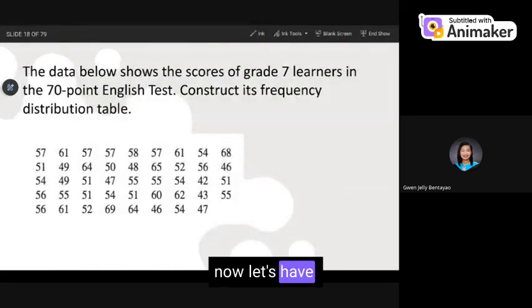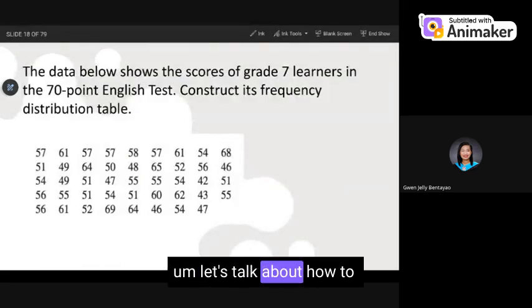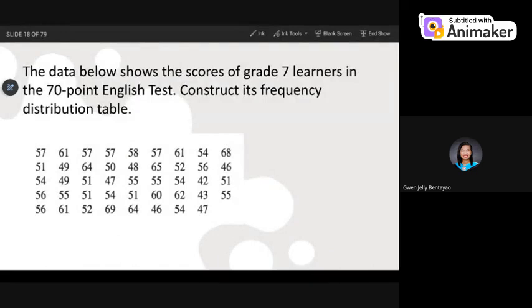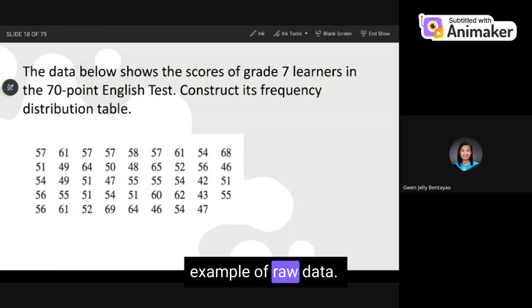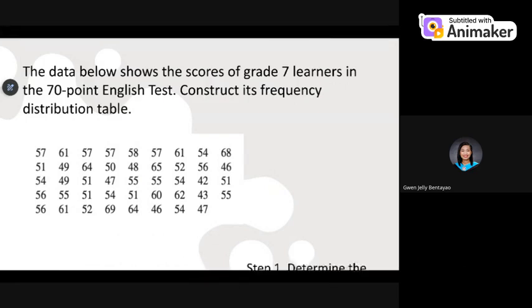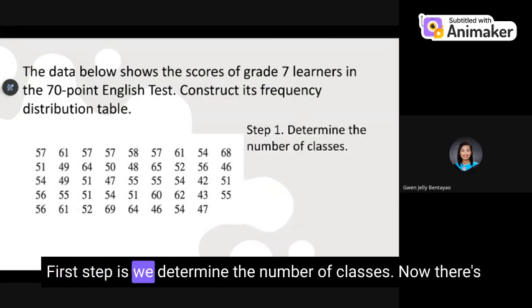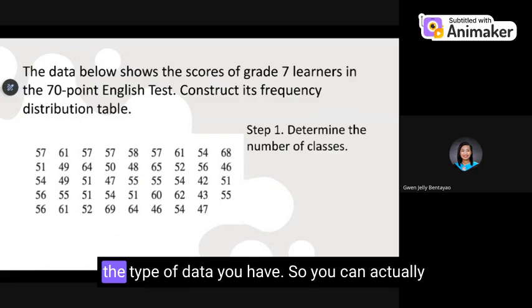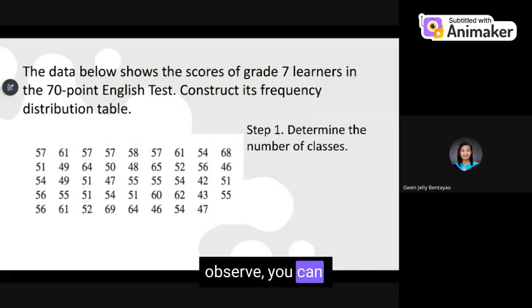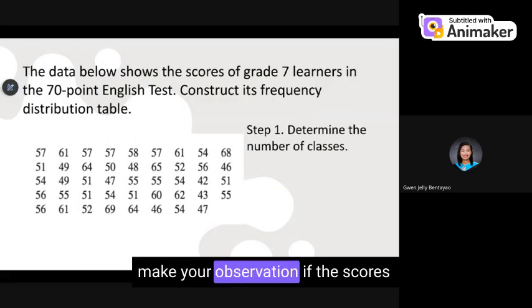Now, let's talk about how to formulate a frequency distribution table out of this raw data. So this is an example of raw data. First step is we determine the number of classes. Now there's no exact number of classes. It depends on the type of data you have. So you can make your observation.